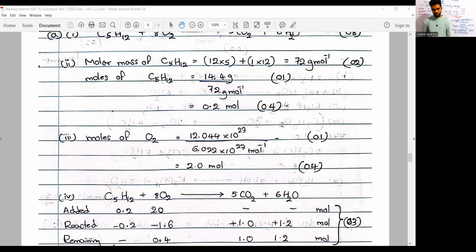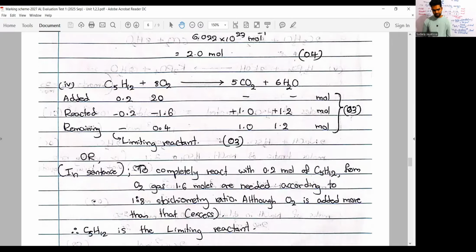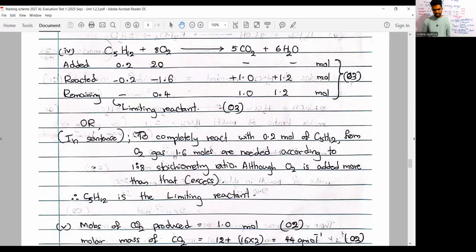Then look at this: moles of O2 dividing, then applying the ARR method. Or you can write it down also, so there's an alternative answer as a sentence. To completely react with 0.2 moles of C5H12, 1.6 moles of O2 are needed according to the 1:8 ratio.